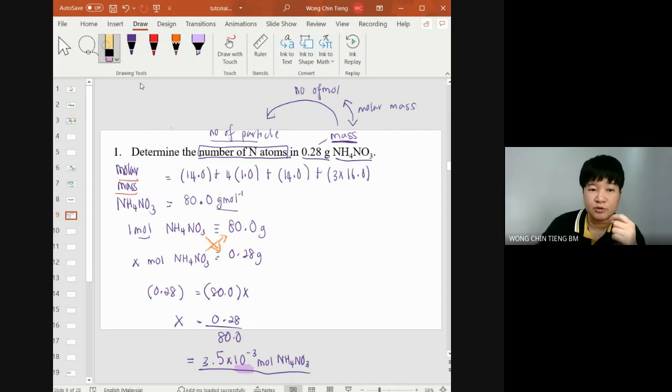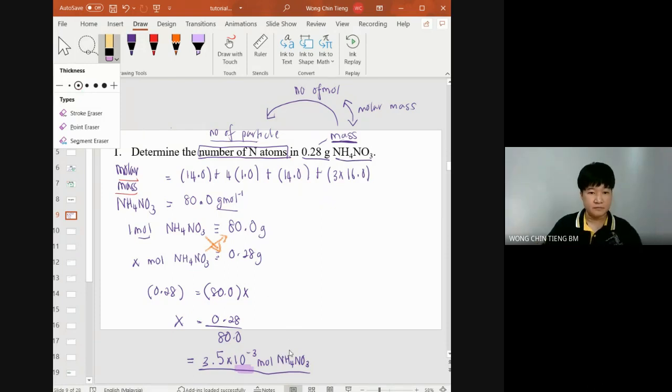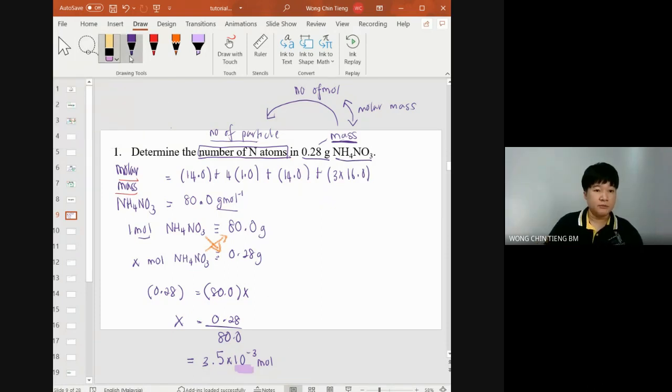Cara yang senang nak tulis adalah guna simbol. Do you know the symbol of number of mole? Symbol of number of mole is n, for God's sake. Cara nak tulis senang. Paling senang yang saya boleh ajar. n of NH4NO3.